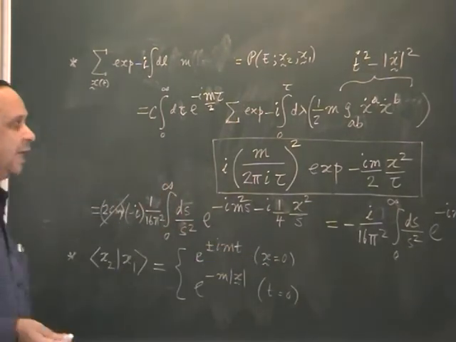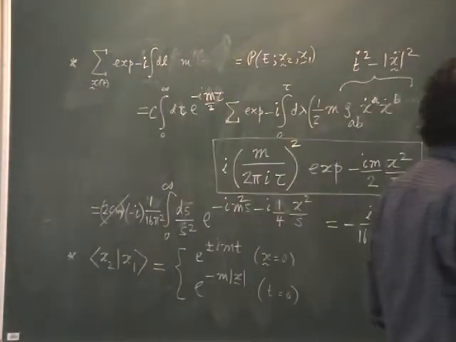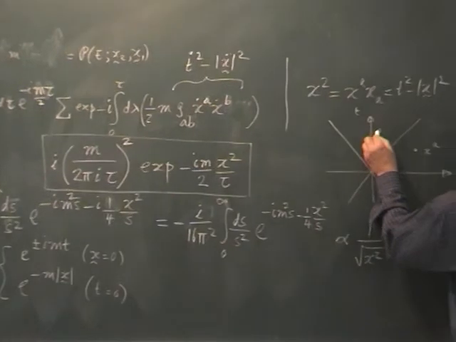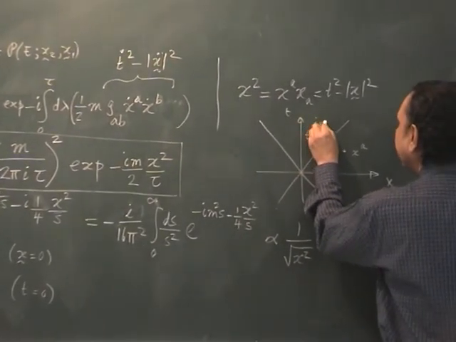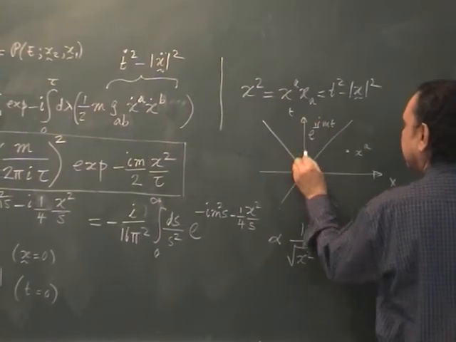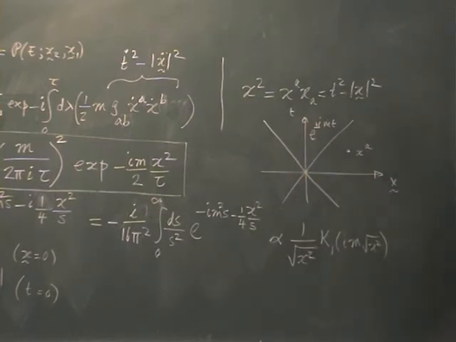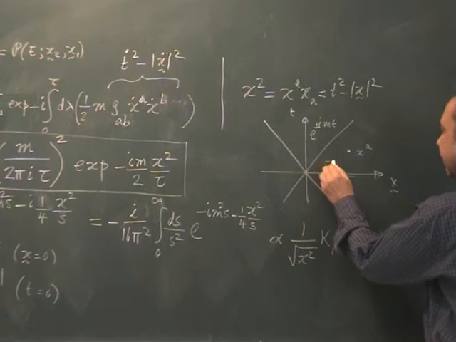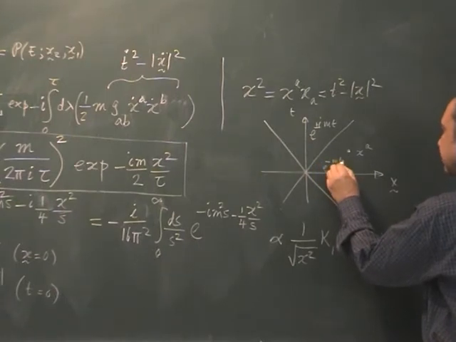These are two convenient limits. What we are talking about is that if you go along this direction, it goes as e to the i m t kind of behavior. Okay? If you go along this direction, it goes as e to the minus m modulus of x.